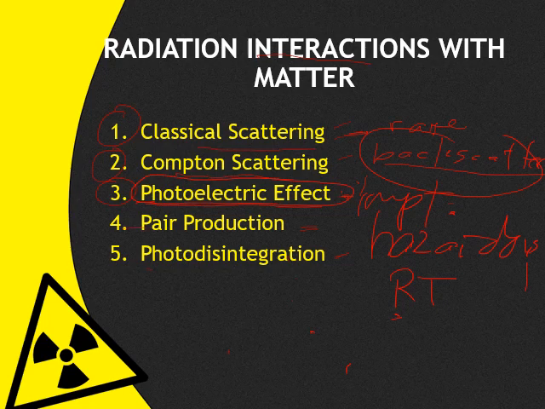For the pair production, as I have mentioned, this is important sa PET because of the production of the positron. So, it releases positron, which is used in the positron emission tomography, which is a division of nuclear medicine. And photodisintegration, as I have mentioned earlier, is important to know, although it seldom occurs, just like classical scattering.